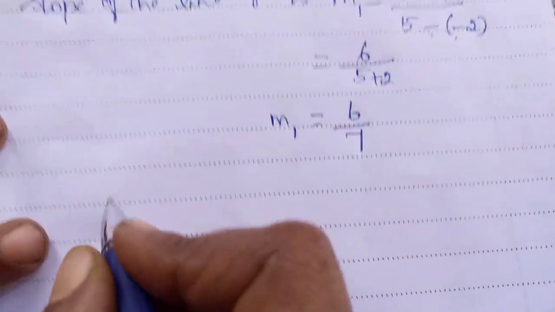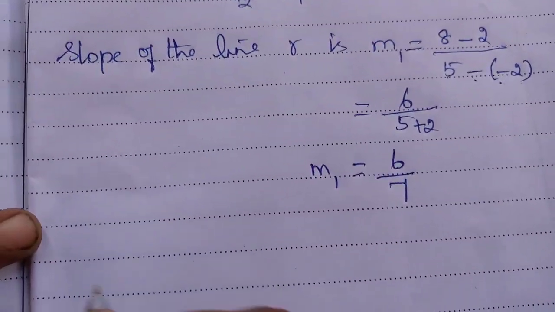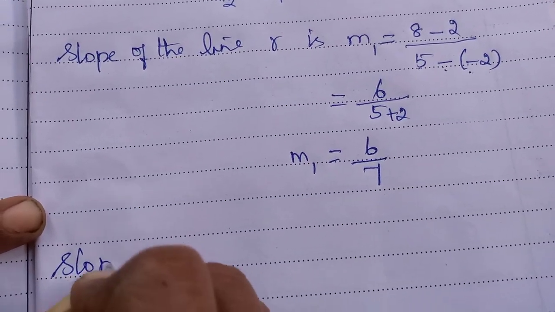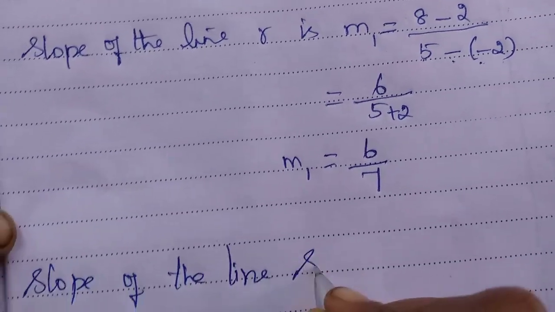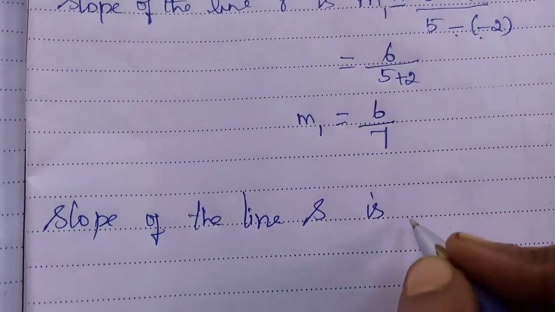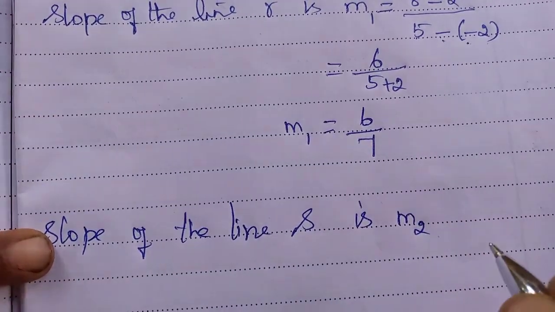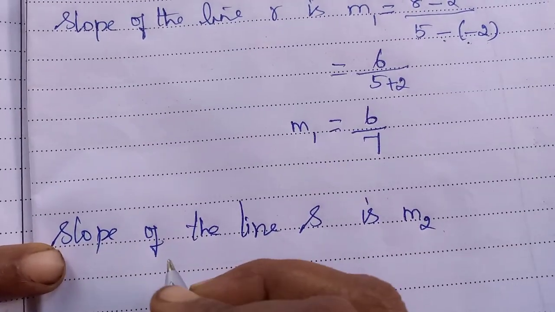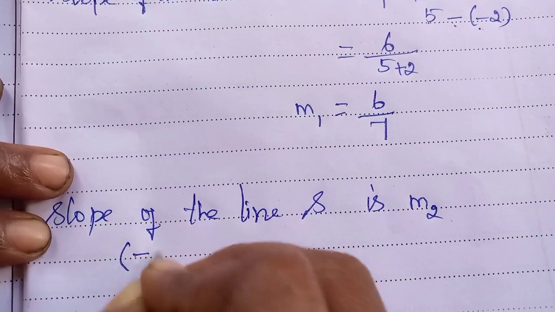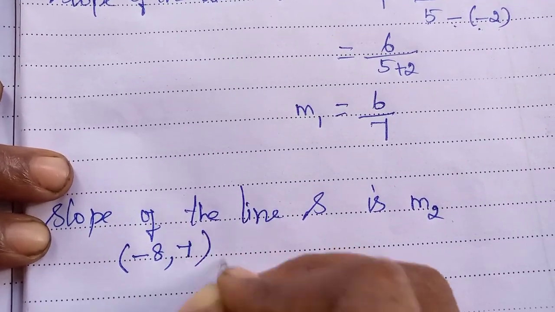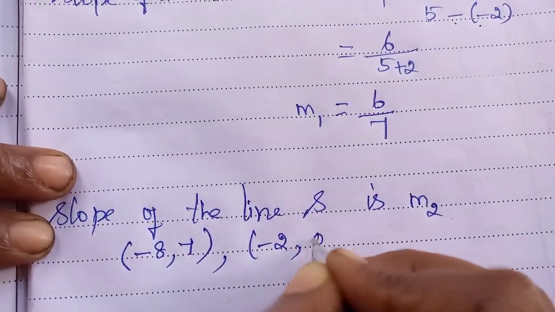Let us find out the slope of the line S. Slope of the line S is M2 is equal to, what are the points? S is passing through minus 8, 7 and minus 2, 0.